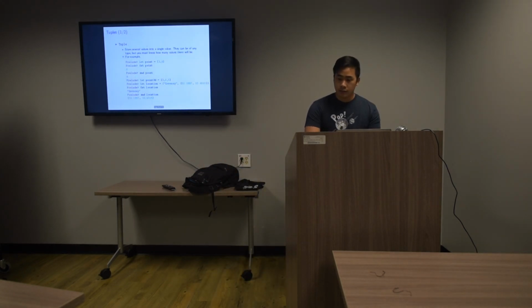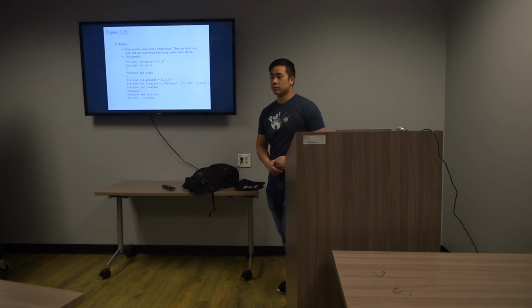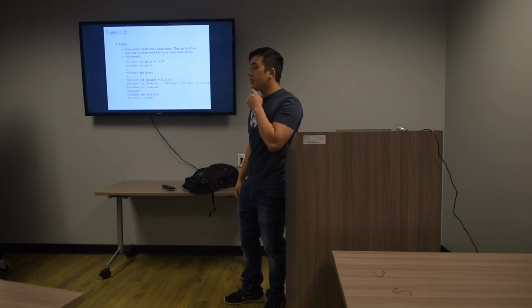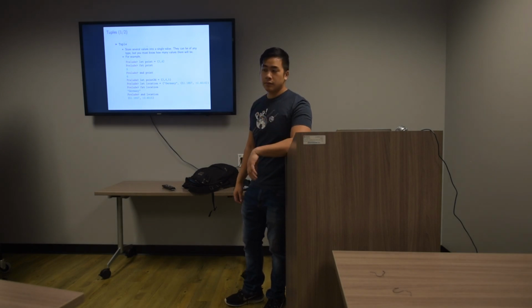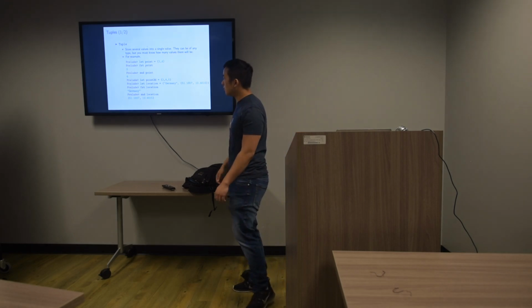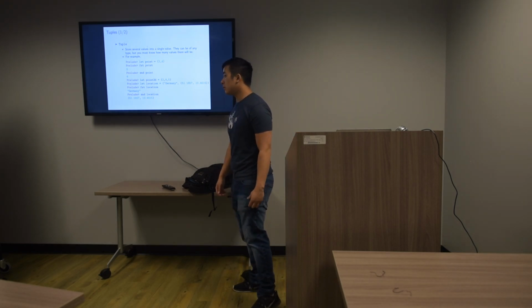Just to be clear, for a tuple, each element in a tuple can be of any type. That's right. But for each tuple of some type, if the first one's an int, it always has to be an int, right? So to use your example for locations, you say, I'm going to have a bunch of locations.